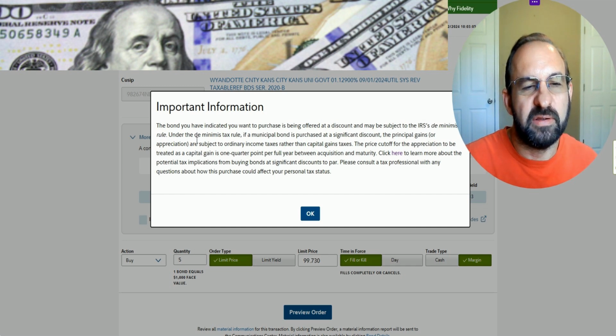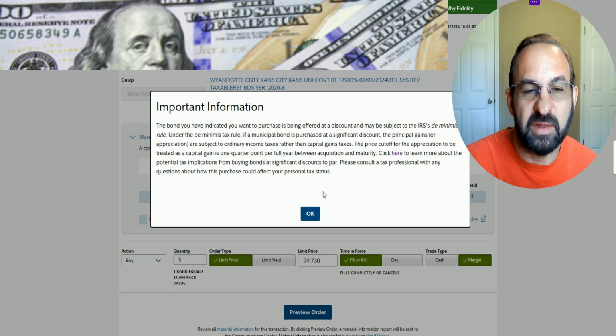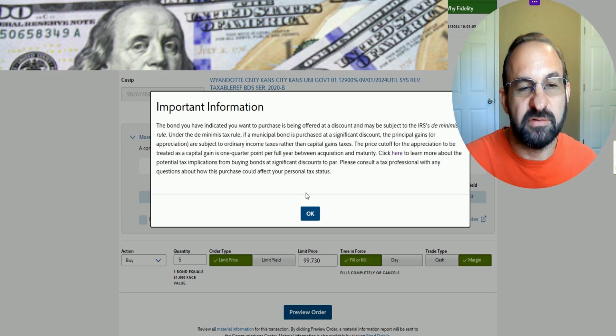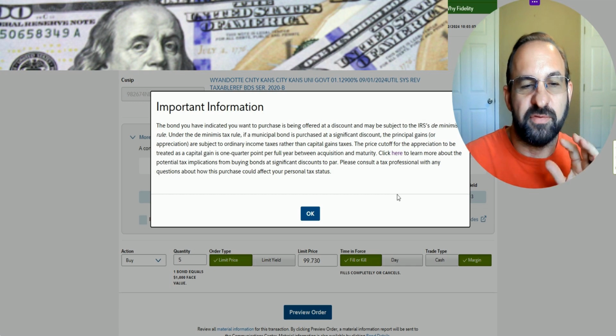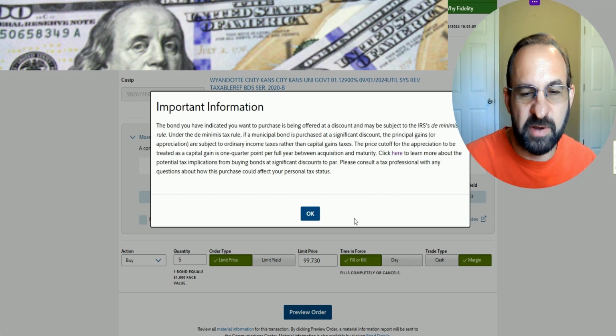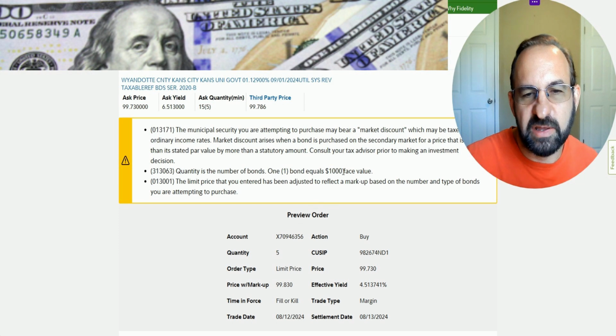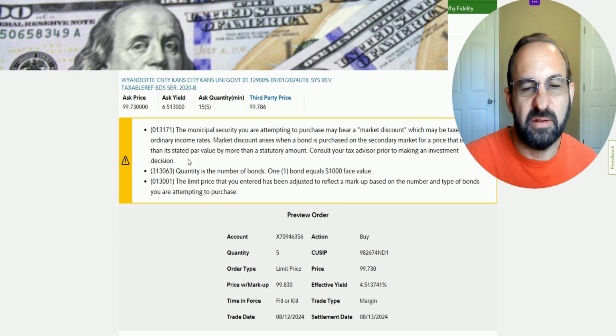Under the de minimis tax rule, a municipal bond is purchased at a significant discount. The principal gains, so this is warning you about your gains. Your taxes on there may be subject to gains. Fidelity always gives you pop-ups if there's something going on you may need to be aware of. So just click that and know that.